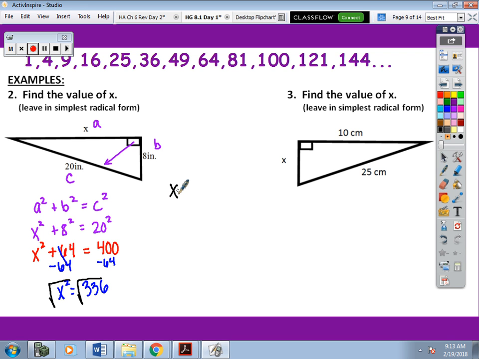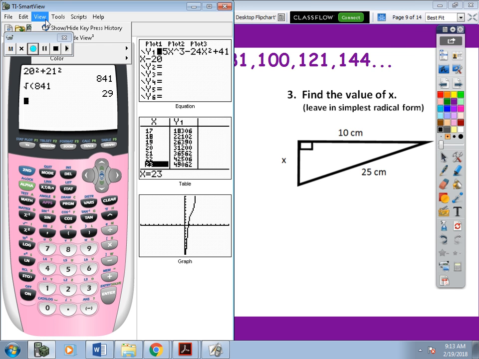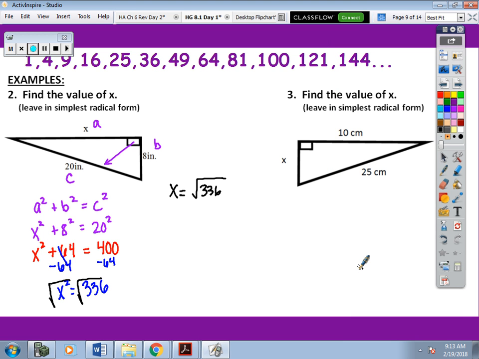So I get x equals the square root of 336, which again, test and see if there's a chance that could be a perfect square. I don't think it is, but, and it's not. Okay, so we're not allowed to round to the nearest tenth. We would have to break this down.